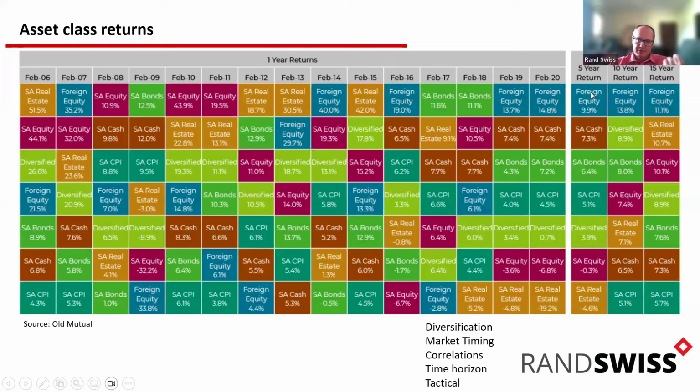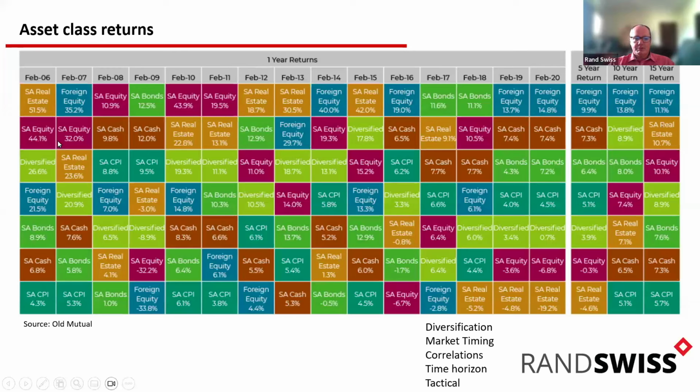You have that rand dollar depreciation, that interest rate differential or inflation rate differential that will always be prevalent and give you that couple of percentage points growth just by virtue of the weakening rand. And then foreign equity has done well over certain periods, and especially post 2020 as well.